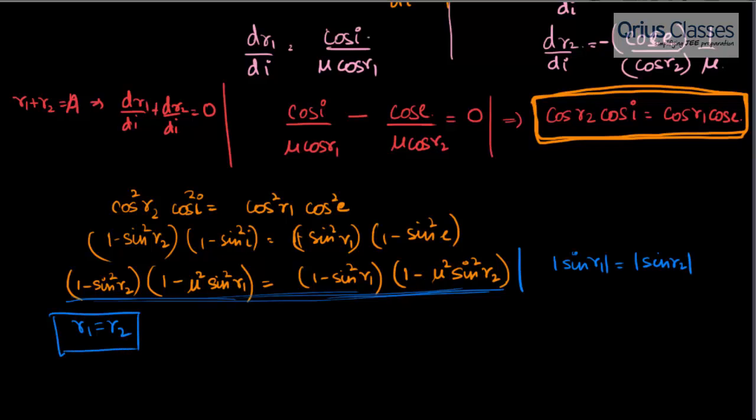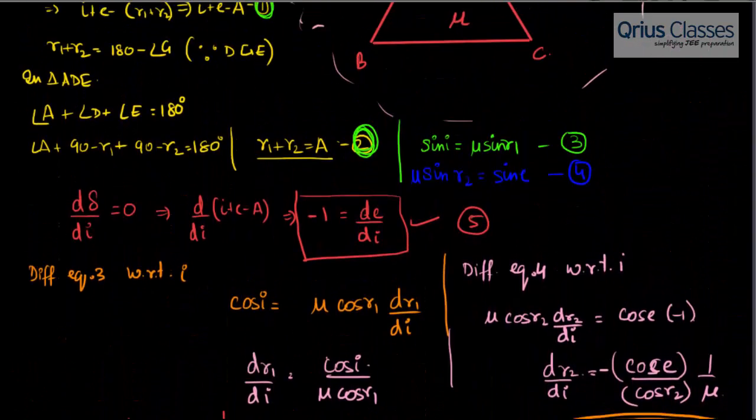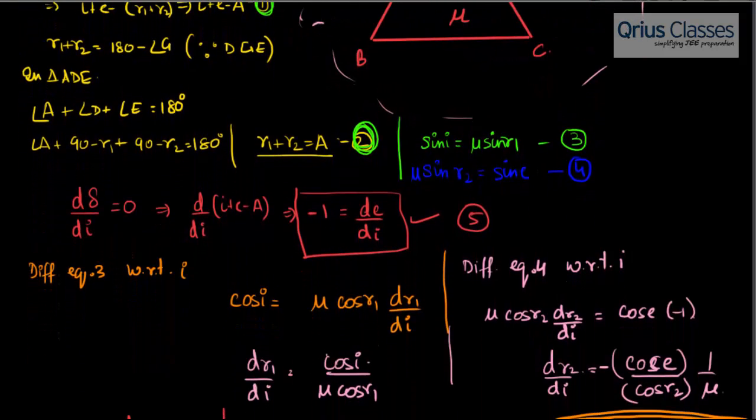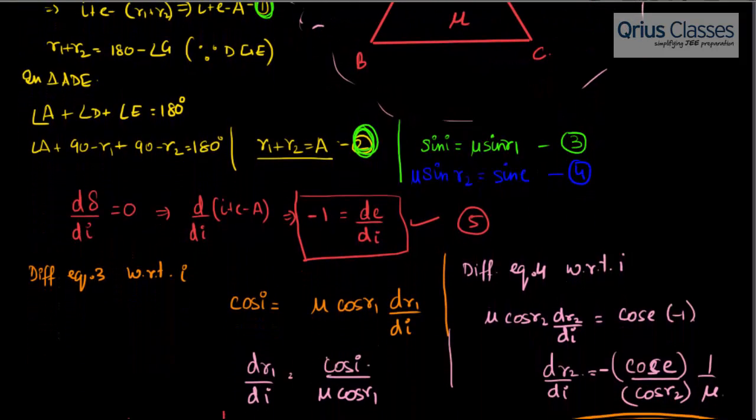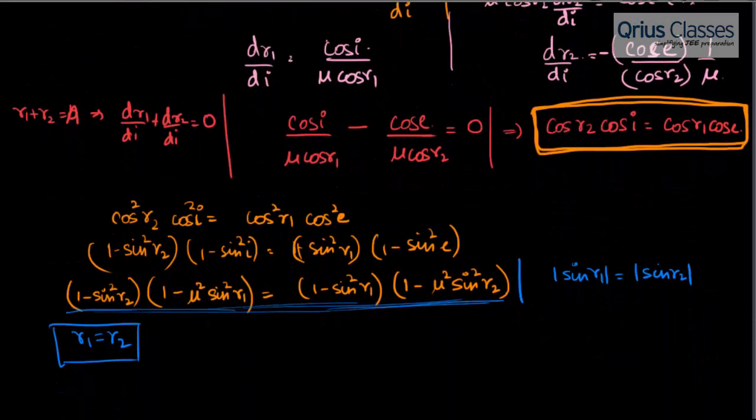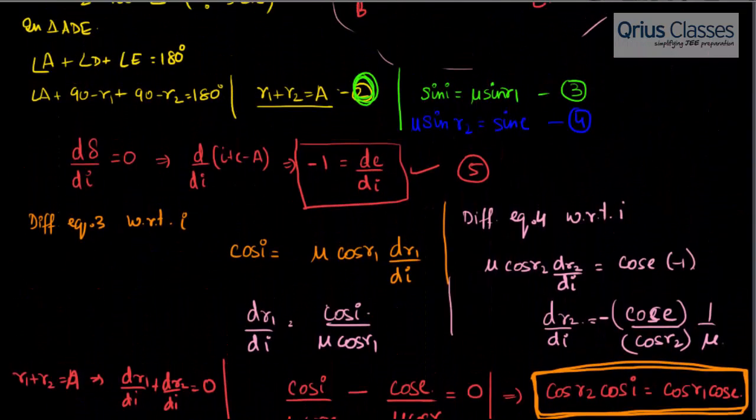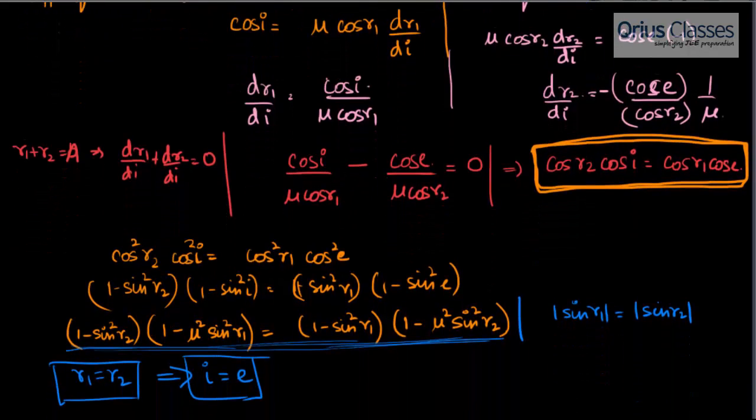And if that is the case, then from comparing equations 3 and 4 we get sin I equal to sin E, which implies that I is equal to E. We started off with one assumption that we want our angle of deviation to be minimum with respect to angle of incidence. So with that we have come to a conclusion that I must be equal to E in such a case.